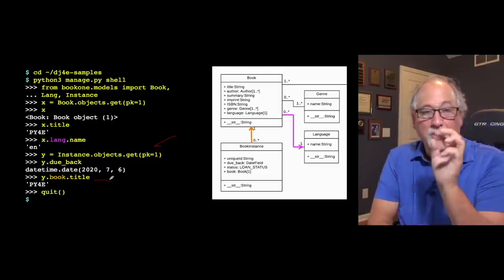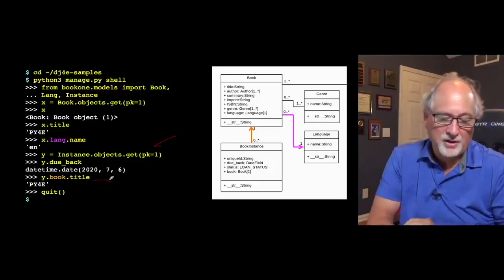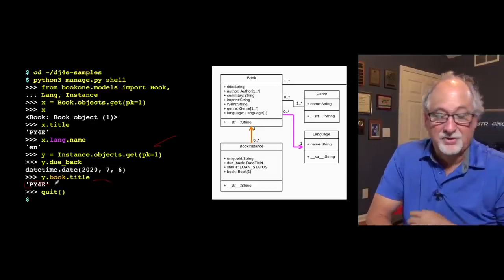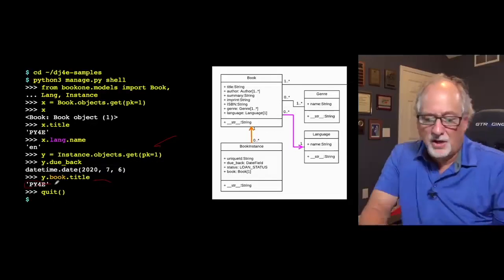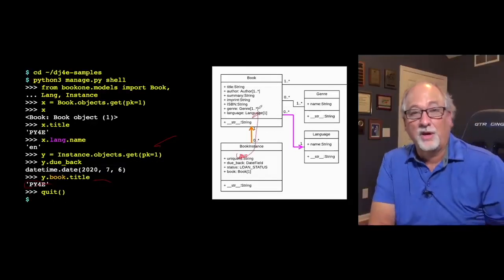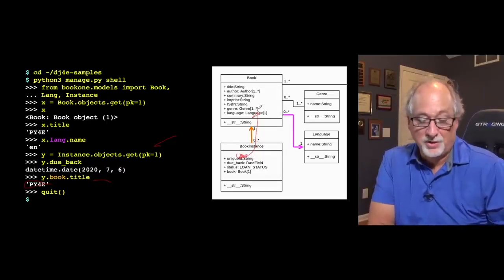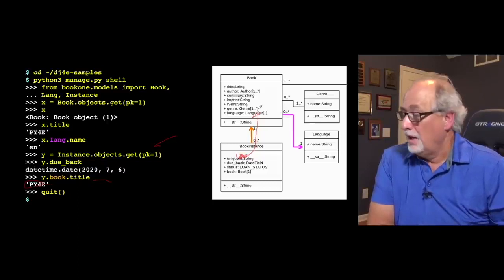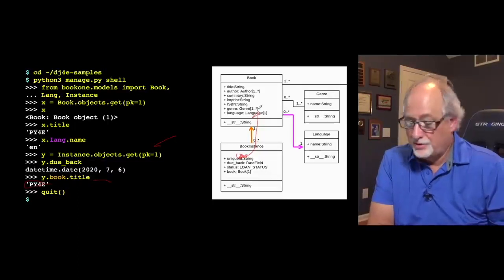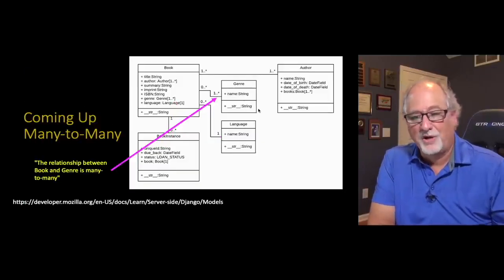So from a book instance, you can walk to the book table and then get the title of the book, and then we get PY for E. So you see this, starting from one row, walking to another, the corresponding row that's pointed to by this relationship, and that's the essence of this. We're going to do this a whole bunch. By the time we come back to this, it will all seem pretty straightforward.